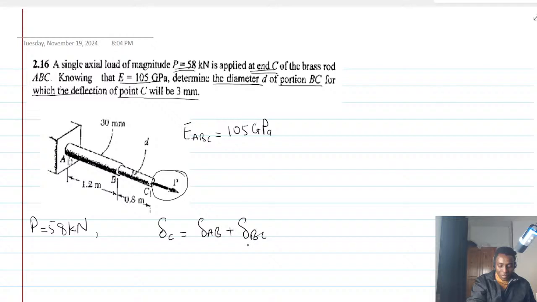Is that right? So basically what we are trying to say is that since AB and BC are connected together, if I apply a load P at C, then there is going to be deflection at C, and the total deflection is the deflection in AB plus the deflection in BC. I hope the concept is clear.